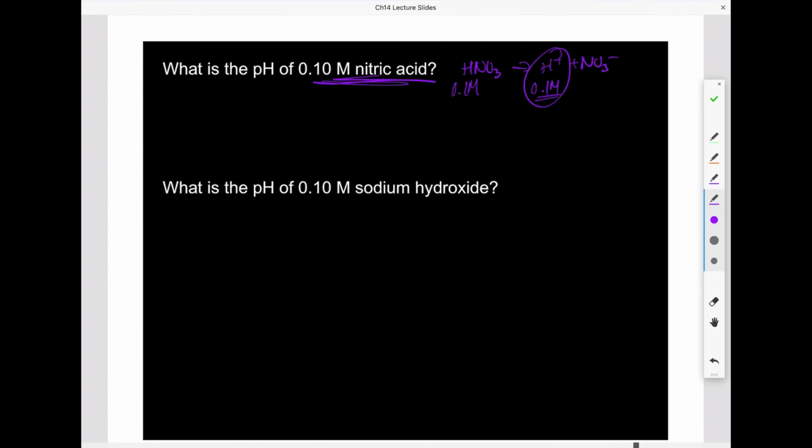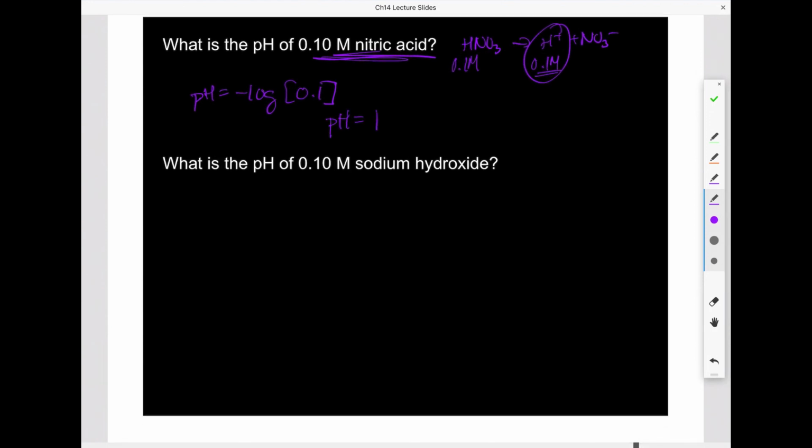Yes? So then I'm going to set my equation up, which says pH is equal to the negative log of 0.1, and I would do my math, and I know that pH is equal to 1. Oh, and sig figs. There are two sig figs, which means that I would use two decimal places. All right, next up.